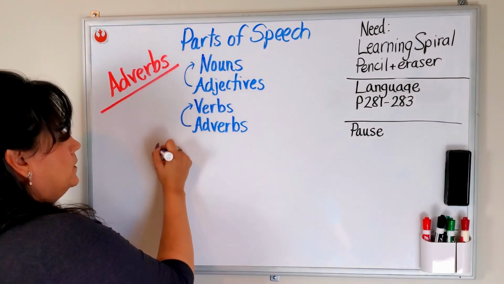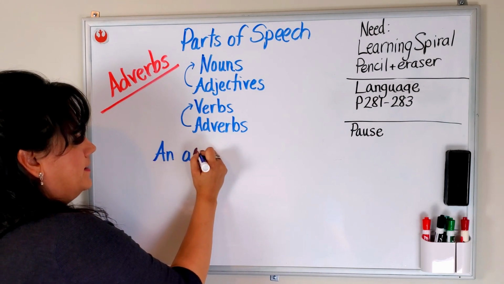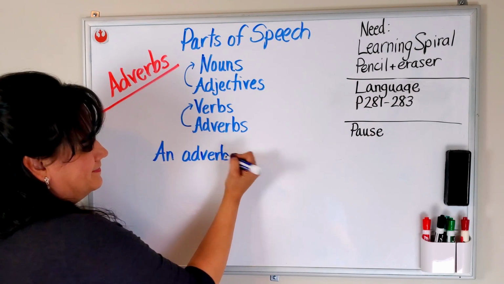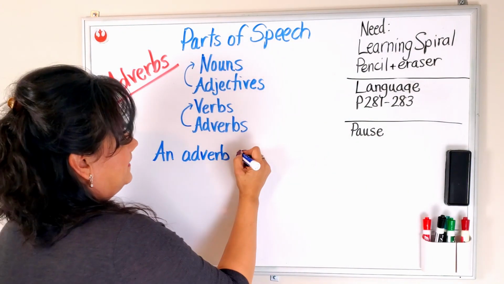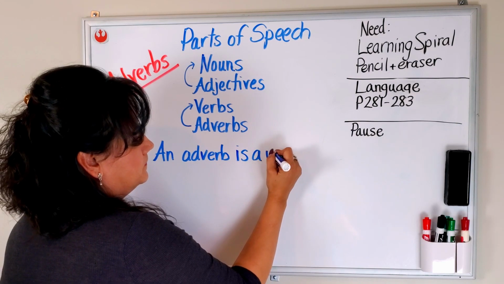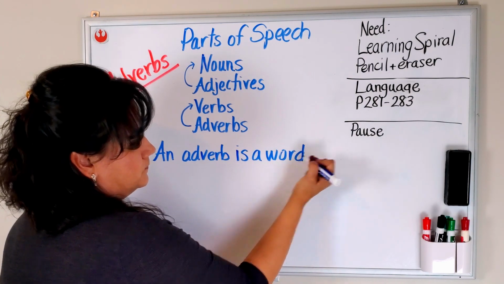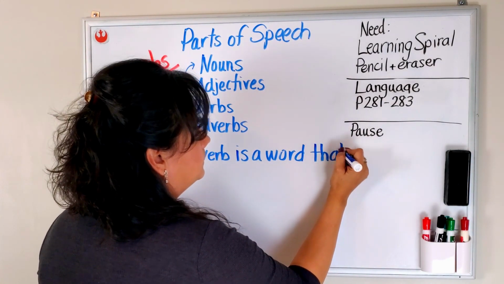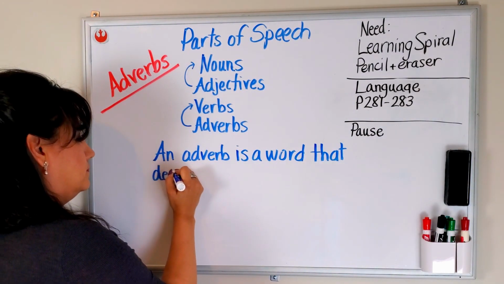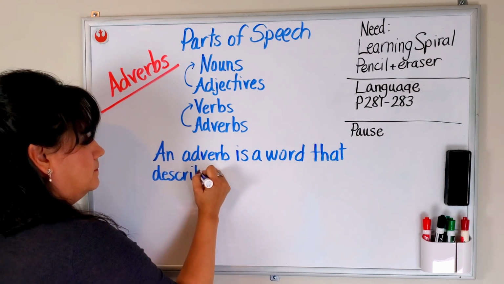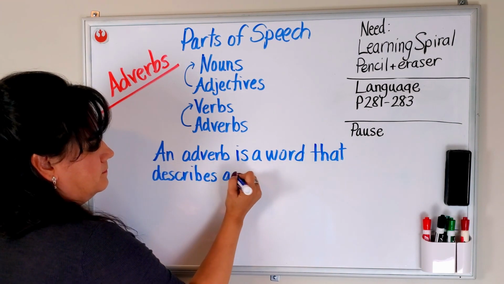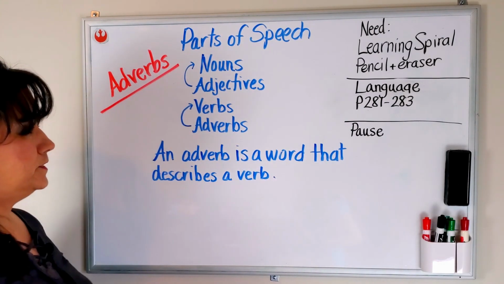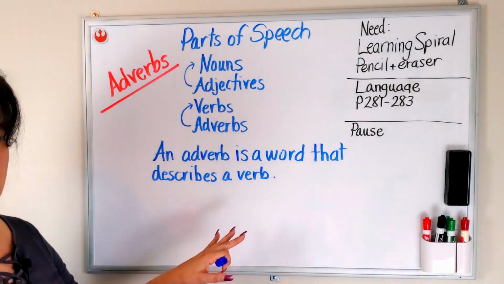The definition is going to be an adverb is a word that describes a verb. An adverb is a word that describes a verb.